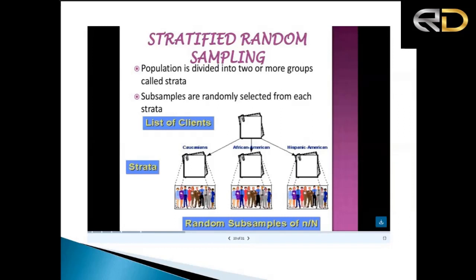So this way, if heterogeneity is there in the data, we cannot apply simple random sampling.